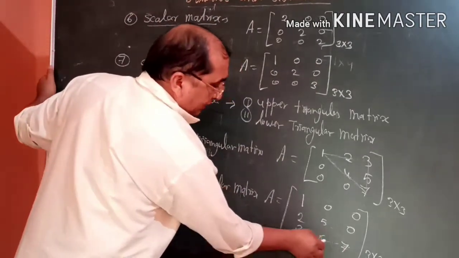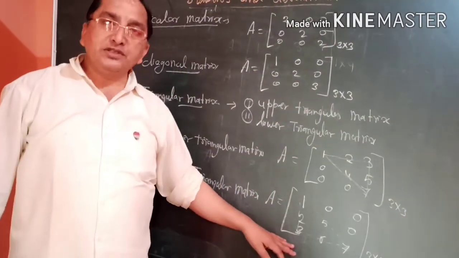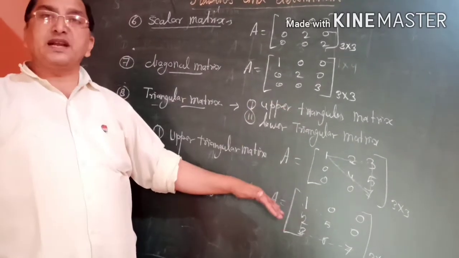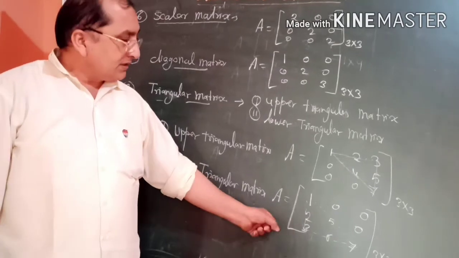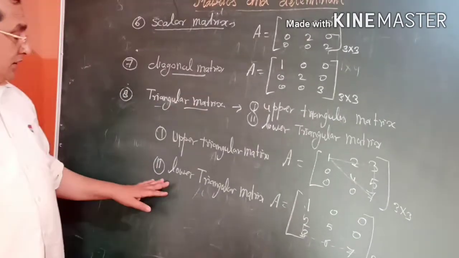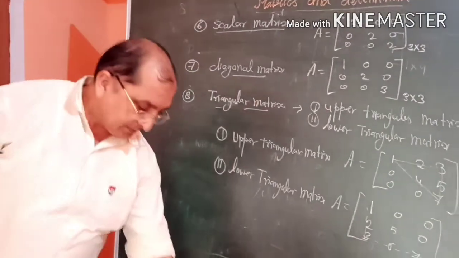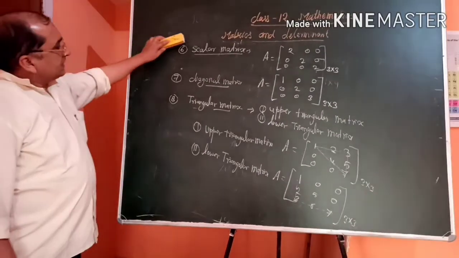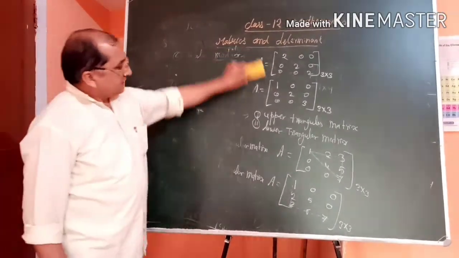Below the principal diagonal, all elements are non-zero. By joining these elements we get a triangle below the principal diagonal, and this is known as lower triangular matrix, and the earlier one is known as upper triangular matrix. Some more triangular matrices are there in our course.